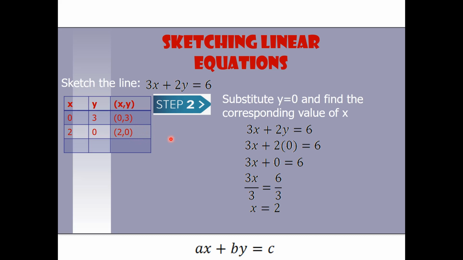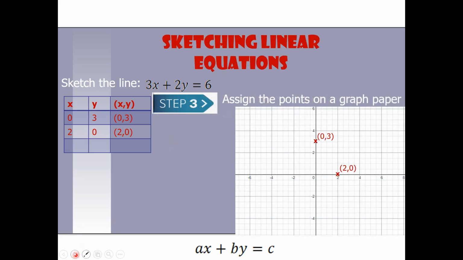And then we will use the coordinate system to identify the locations of these 2 points. We have to use a graph paper, and then we draw the x-axis and the y-axis, and we can use this scale for the x-axis and y-axis. Each division is 2, so 0, 2, 4, 6, 8.